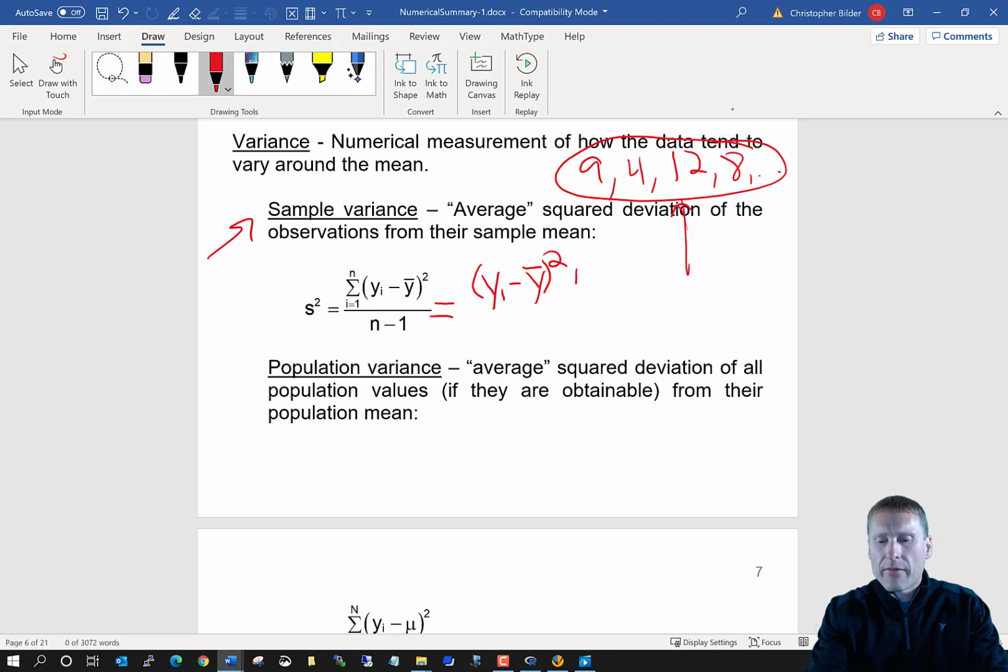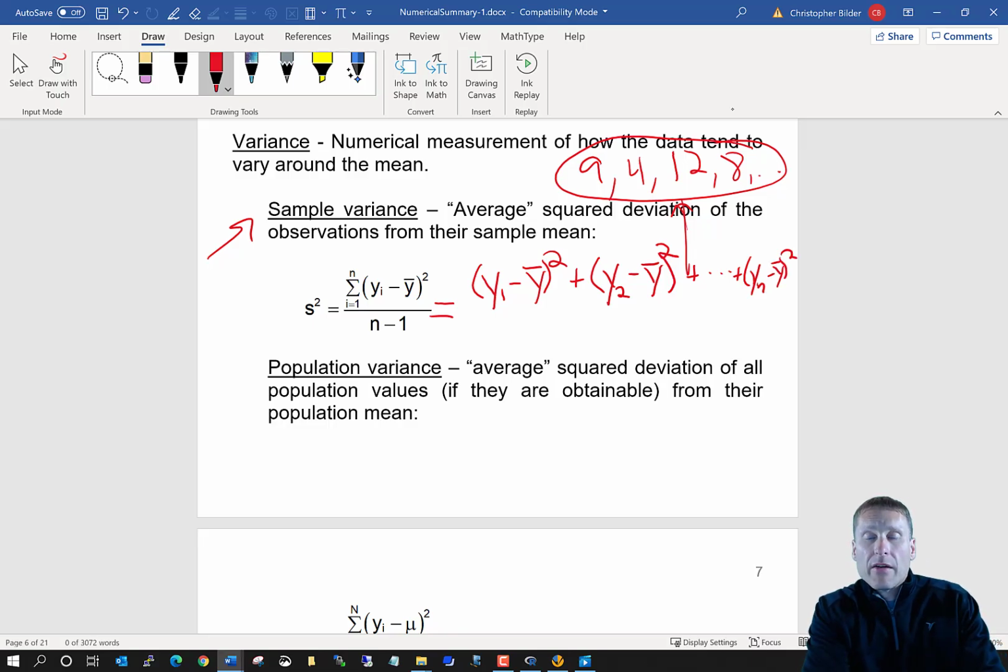More on that shortly. Then we look at the second value. We compare it to the mean, square it. And we keep on going down to, let's say, the nth sample value. Compare it to the mean, square it. And then we would like an average of all those values.